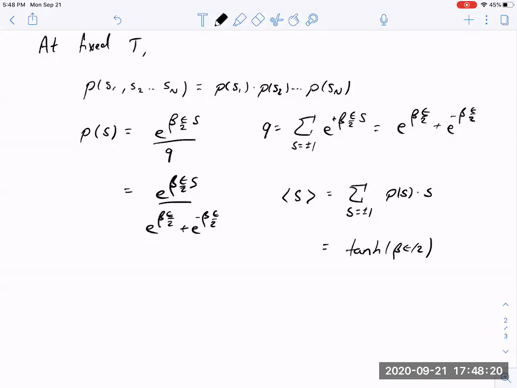Some of the steps are done in a little more concreteness, showing you exactly how you compute that single particle partition function, acknowledging the factorization of this system in the case where the spins are non-interacting.